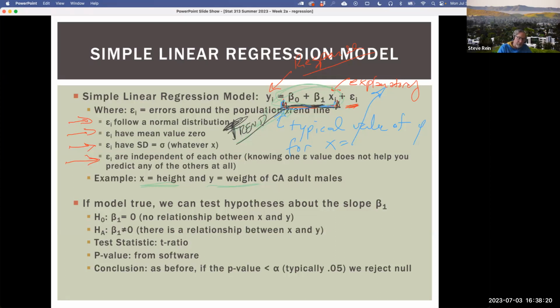And if all that's true, we can test some hypotheses about the slope. Literally, is there no relationship? Because if the slope were in fact 0, that would imply that every time X goes up by 1 unit, the average value of Y goes up by exactly beta-1. Oh, if beta-1, the slope, is 0, that means there's no relationship at all between X and Y. Or on the other hand, within this category of linear relationships that we're considering, if beta-1 is not equal to 0, that means there is a trend.